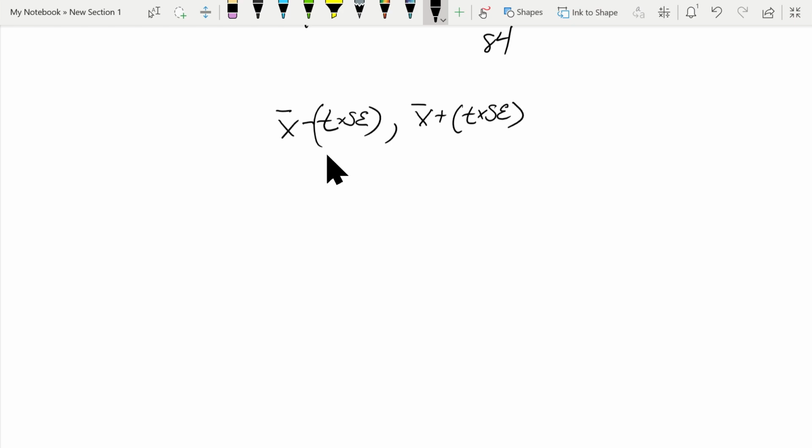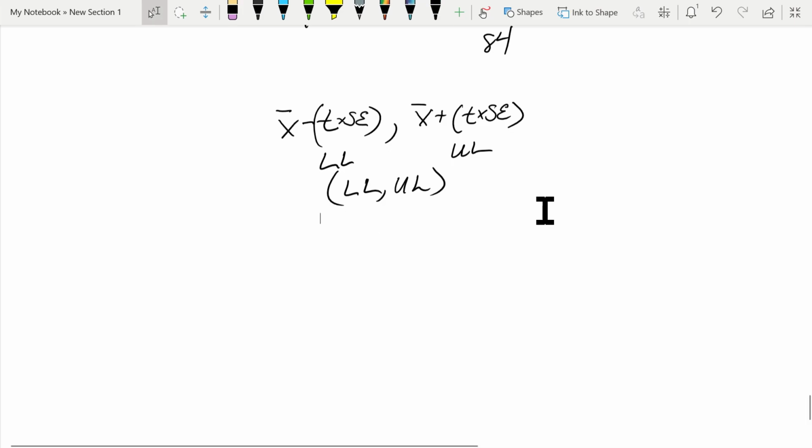And that's up. This is the lower limit and the upper limit. And it's written like this. In this formula, the t times the standard error is how many standard errors up and down I'm going to go.